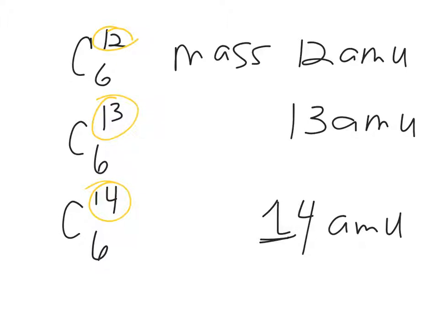And again, to give you an idea of scale, if I were to convert the mass of this one carbon 12 atom from 12 AMUs to pounds, it would be 4.4 times 10 to the minus 26 pounds.